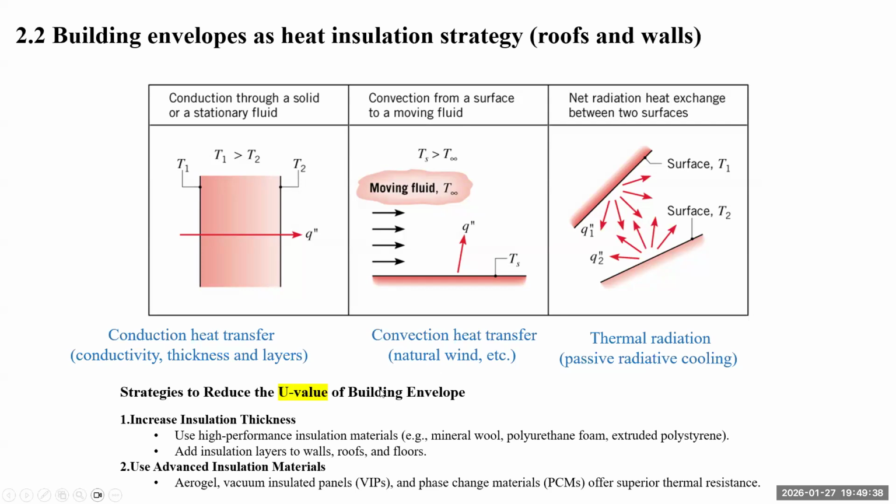Previously we mentioned how to reduce the U value of glazing windows. So what about opaque walls and roofs? The general practice is to increase the insulation, so apply insulation materials and increase the thermal thickness.